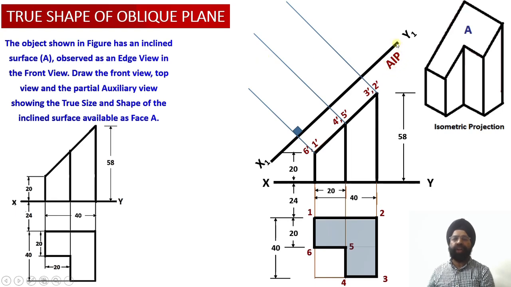In order to draw this auxiliary plan, now we need to evaluate these distances. So the distance of point 1 from the vertical plane happens to be 24 millimeter.